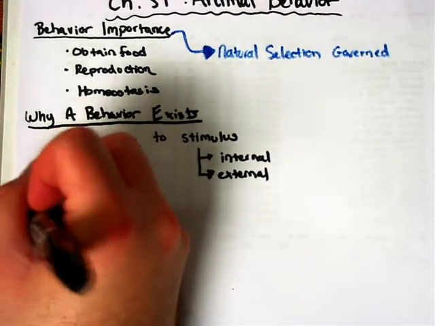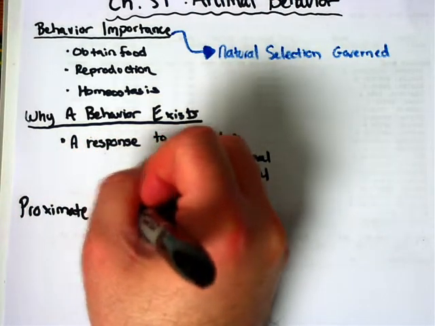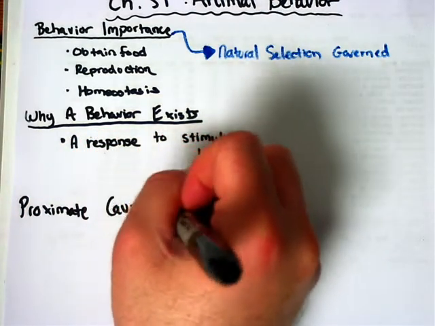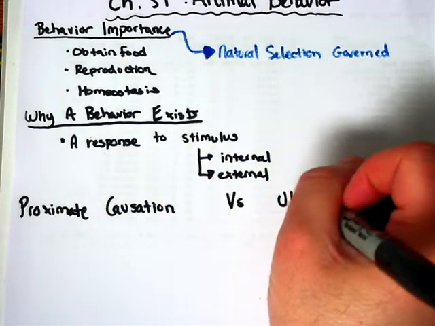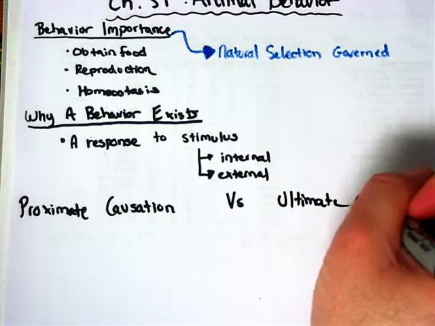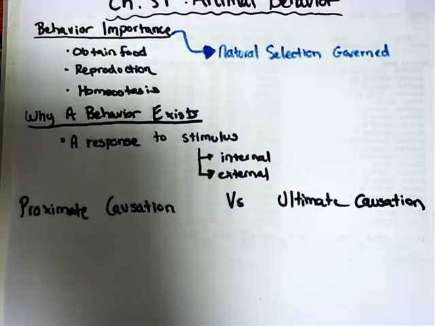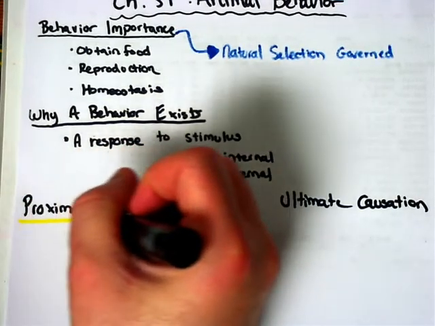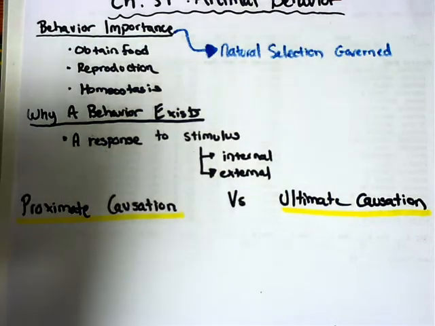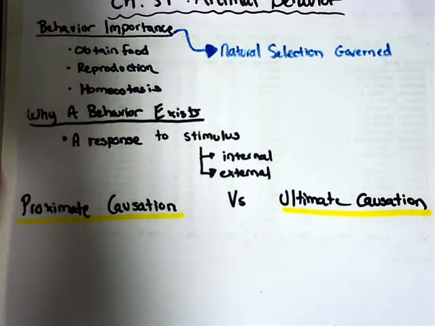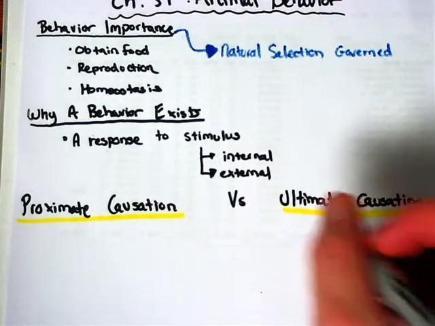Your book gets into a description of proximate causation as opposed to ultimate causation. As you attempt to figure out why and how behaviors or events happen to creatures, an ultimate causation is really starting to answer why an event occurs.